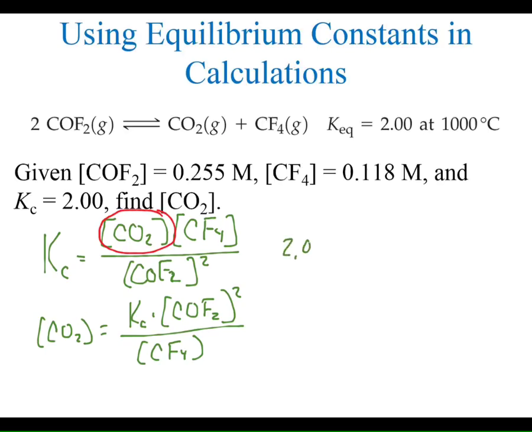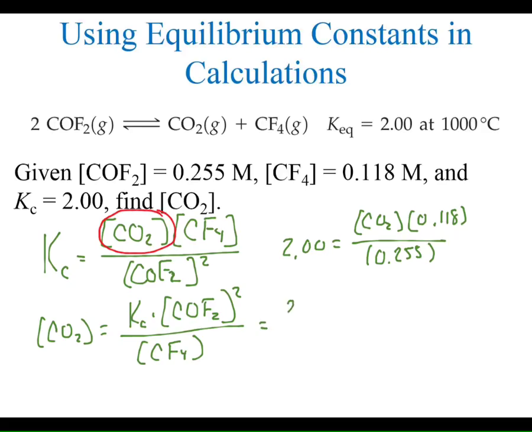You could have plugged it in here and said, oh, 2.00 equals concentration CO2 times CF4, which was 0.118, and COF2 was 0.255, and solve that way. Either way, however you're more comfortable.